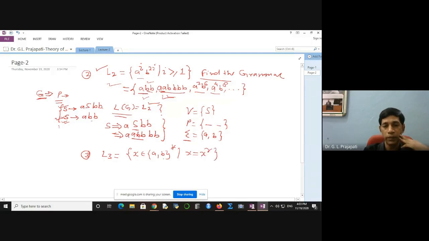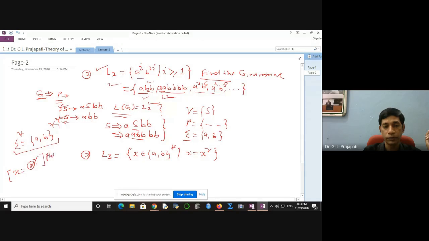You know {A,B} star means I have sigma, and here you have the two symbols in the sigma. Once you say sigma star, it means {A,B} star. I have already told you that X reverse means reverse of X. So X is equal to X reverse, and this is the language of palindromes.